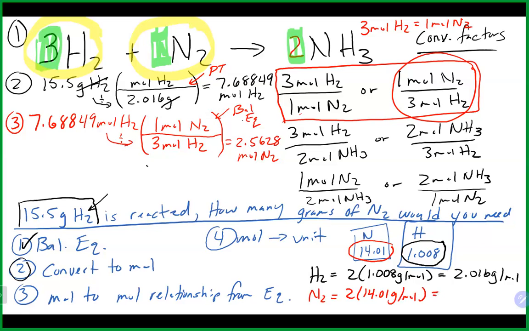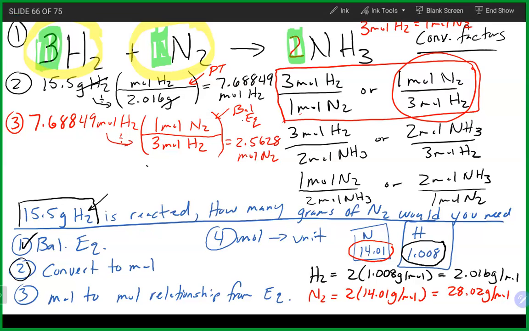And this will give us our molar mass here of our nitrogen. 2 times 14.01, going to give us 28.02 grams per mole as our molar mass of nitrogen. And that is what we're going to use as, again, a conversion factor. So to finish this up, we will do our fourth step here.